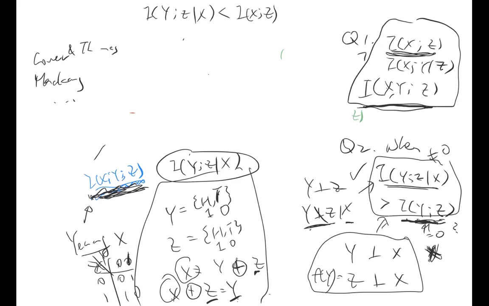Anyway, both of these cases can happen. So in general, you cannot say one is bigger than the other. For example, I simply can find something where Y and Z are conditionally independent given X, but Y and Z are not independent.